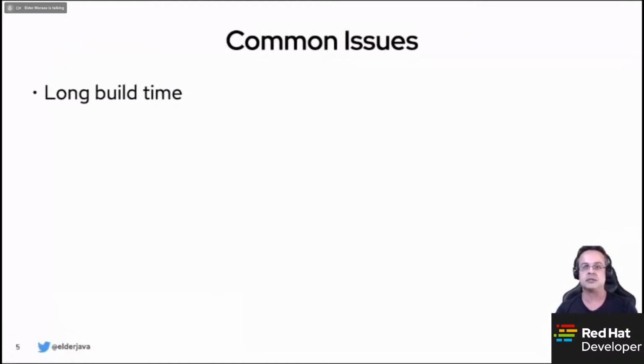The first is the long build time. If you do not take care of some specific issues when building your images, you can end up with a long build time. And why is it an issue? Because today we are creating pipelines, we are creating automations, and we are not just delivering applications themselves. We are delivering applications inside containers. We are delivering images. These images will be deployed on a cluster, on Docker, on another machine or whatever.